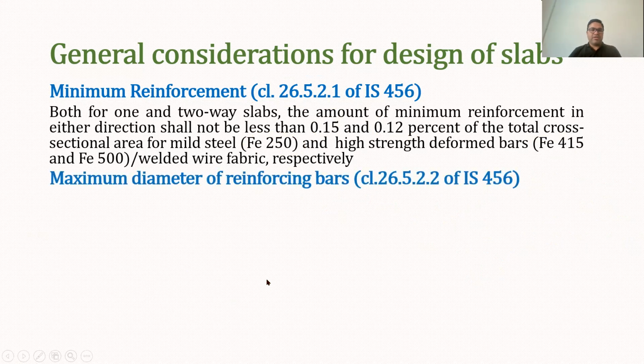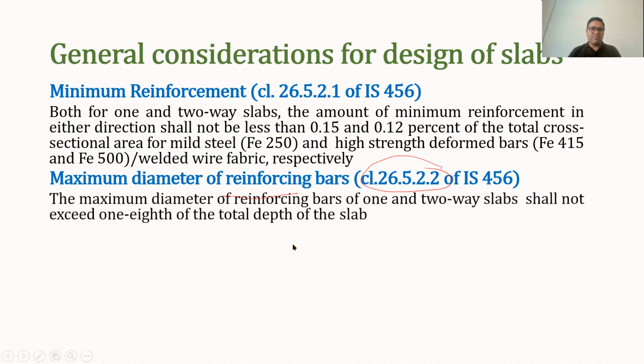Then the next point is what should be the maximum dia? I mean, how much dia we can provide in the slab. This is also given in the IS code. Some limit of the dia of bar is also given. It says the maximum dia of bar to be used in one-way and two-way slab shall not exceed 1/8 of the total depth of the slab.